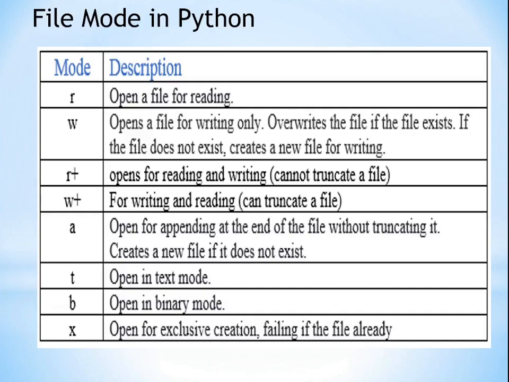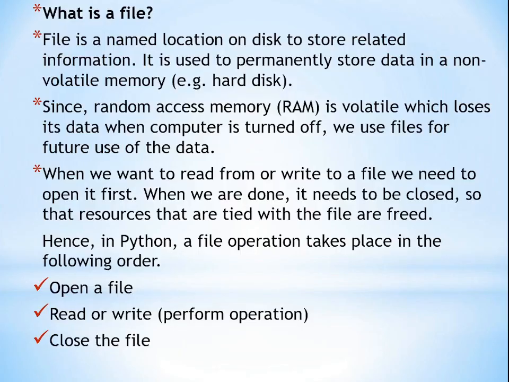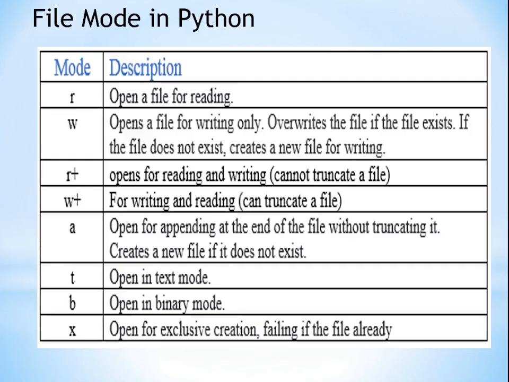Okay, those are all the modes. Everyone understood what is a file? To perform operations on a file we first open the file, then read or write the data inside that file, and close the file. That is the order in Python programming, and these are all the modes in Python.